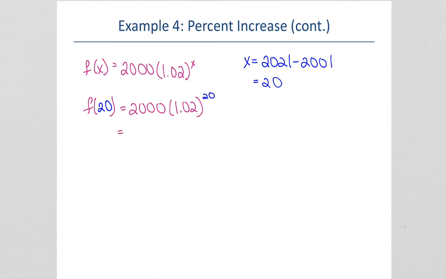Again, make sure you put in your calculator first, 1.02 to the 20th power, and then multiply by 2,000. 2,972 people after 20 years.